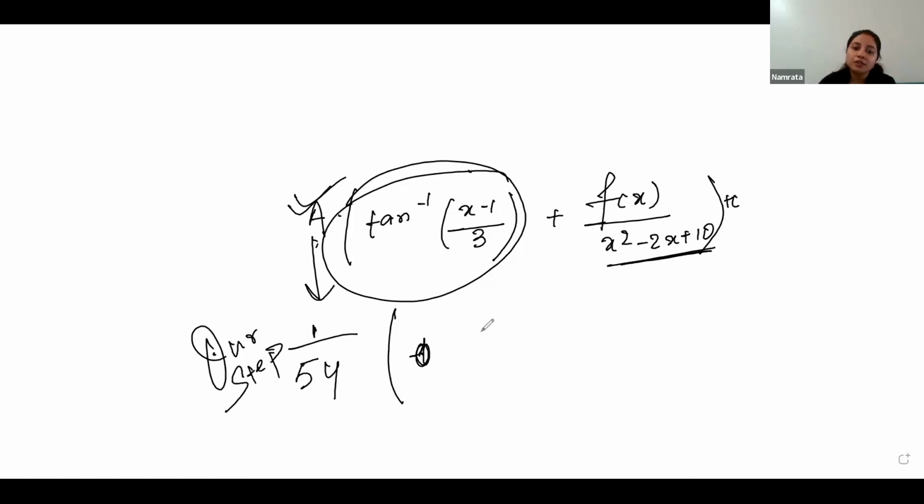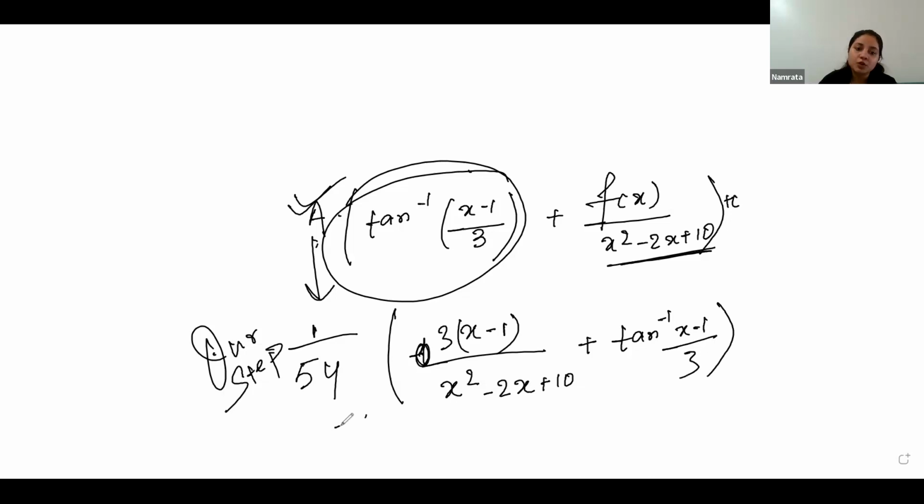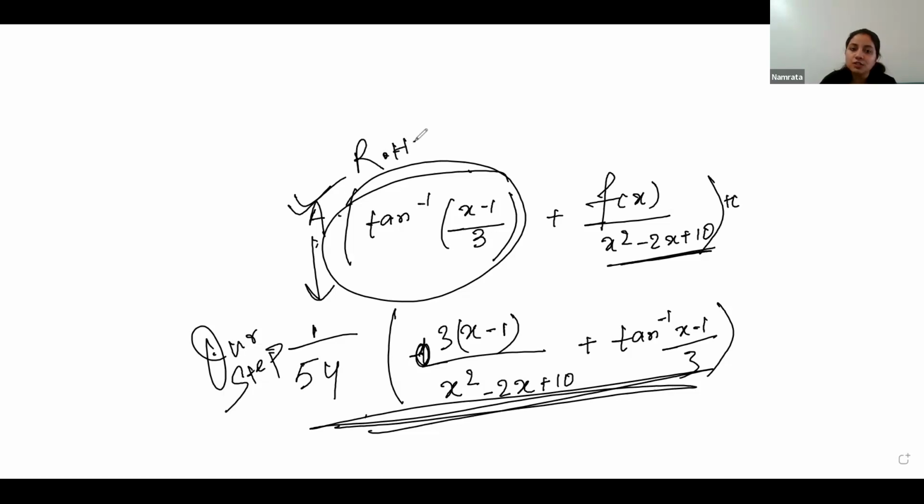There we were having 3 times (x minus 1) in the numerator, and in the denominator we were getting x square minus 2x plus 10. Here we were having tan inverse (x minus 1) by 3. This is what we were having in the previous step. Now we have to compare it with the right hand side given in the question.